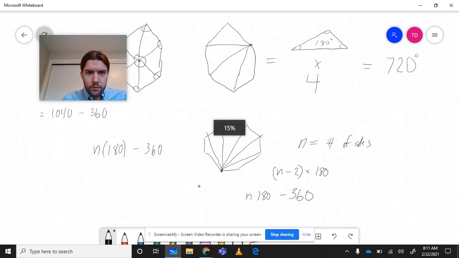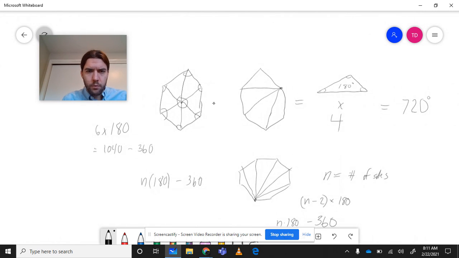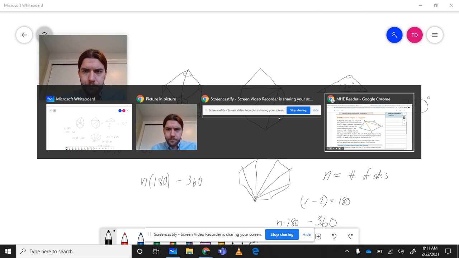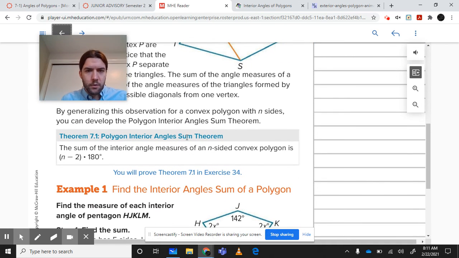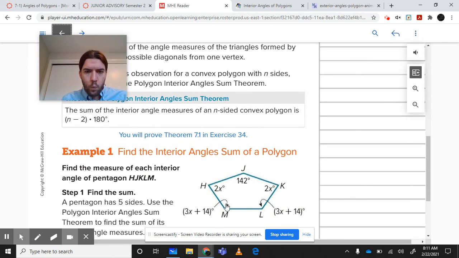The one that I was familiar with originally before looking through the book was this method, but this method works just as well, dividing it into triangles of different shapes and just multiplying 180 degrees times that number of triangles. So that is the polygon interior angle sum theorem. If we're trying to figure out the total of angles on the inside, the sum of the interior angles will always be the number of sides minus 2, times 180.